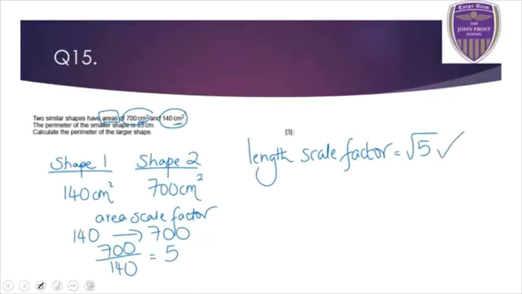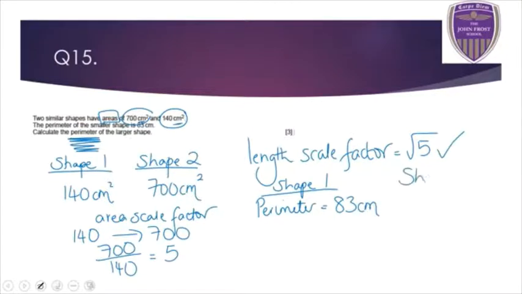Why do we need the length scale factor? Because we're calculating the perimeter of the larger shape. Okay, so the shape 1 perimeter is 83 centimeters.